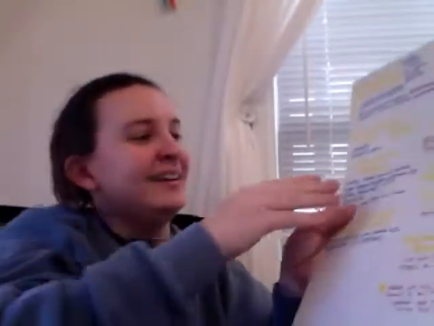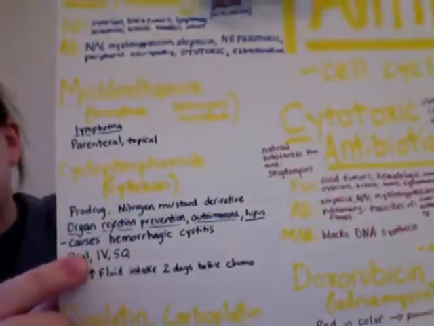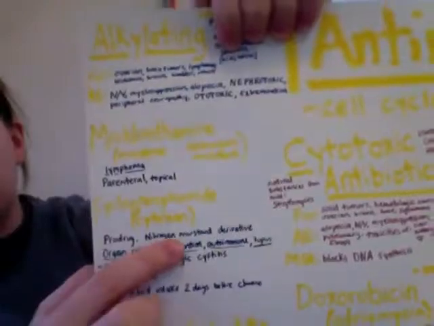The next drug that we're going to talk about is cyclophosphamide, which is Cytoxan here. It's actually a prodrug of the nitrogen mustard gas, this one up here. It is for organ rejection prevention, autoimmune diseases, and lupus, which is an autoimmune disease. And organ rejection is kind of like an autoimmune thing because your body's attacking, so it's not technically itself anymore.